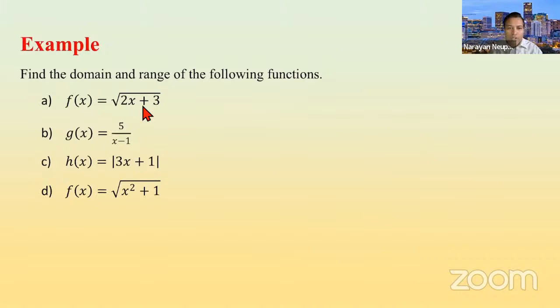The first function that was here, f of x equals the square root of 2x plus 3, is a square root function. You also need to know the name of the function. Also d is a square root function. Now in B, we have g of x equals 5 over x minus 1.